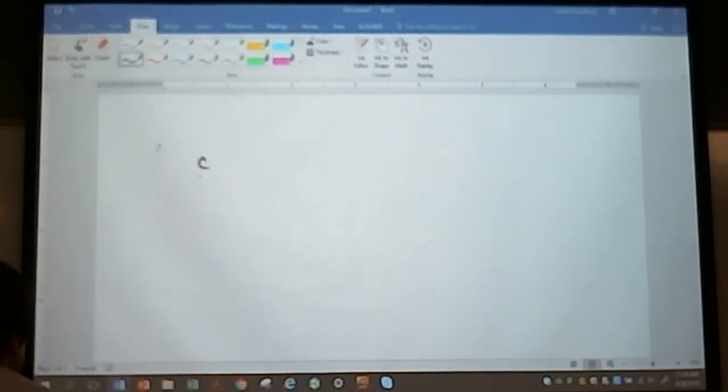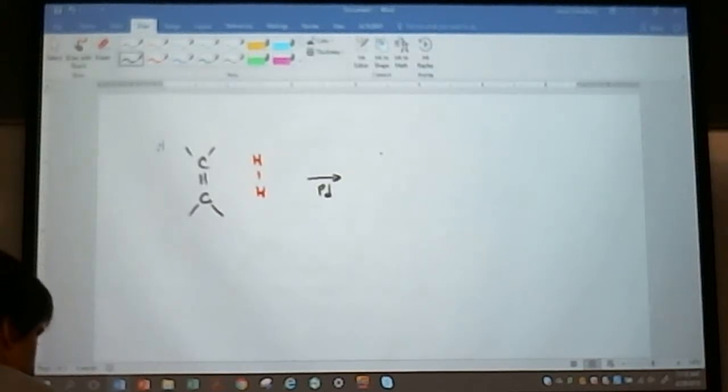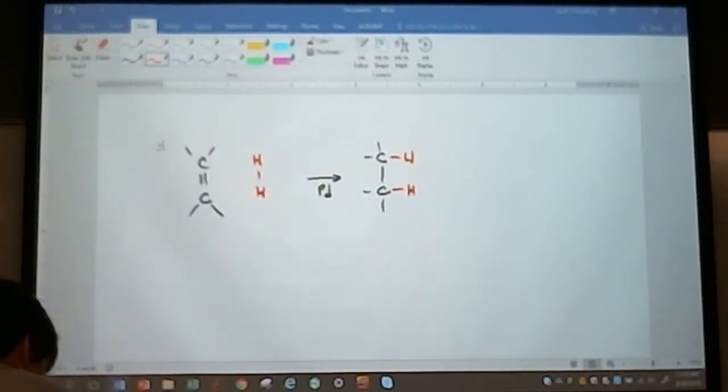In chapter 8, when we had a carbon-carbon double bond, you would add a hydrogen with some catalyst, and the net result is your double bond became a single bond, and you added hydrogen to each of these carbons.